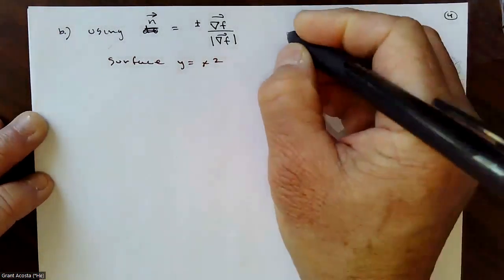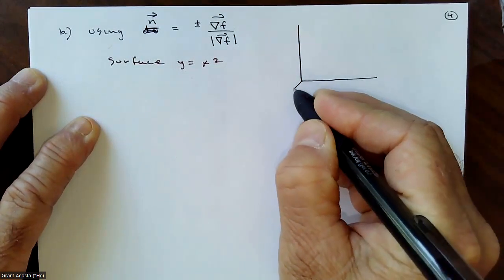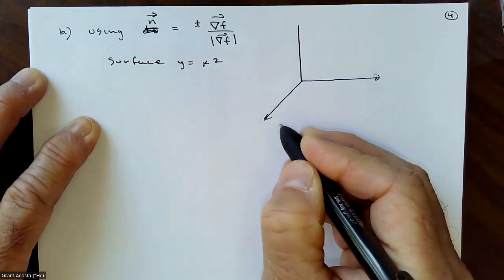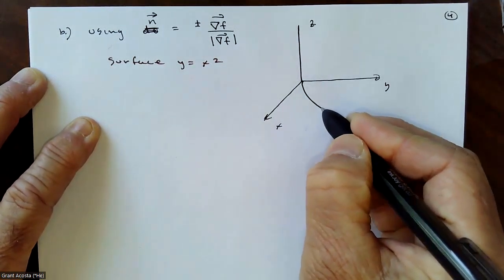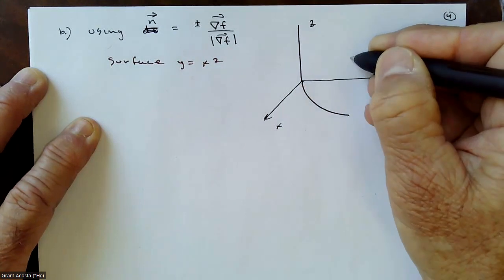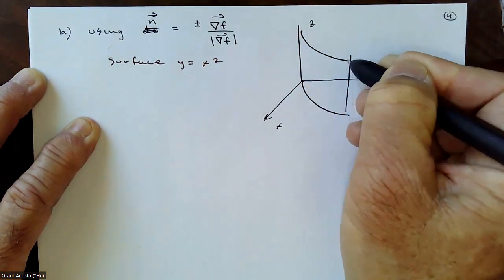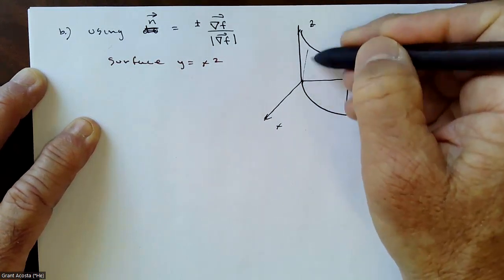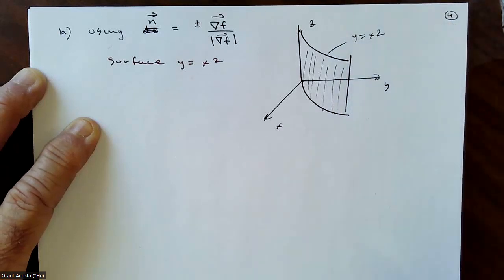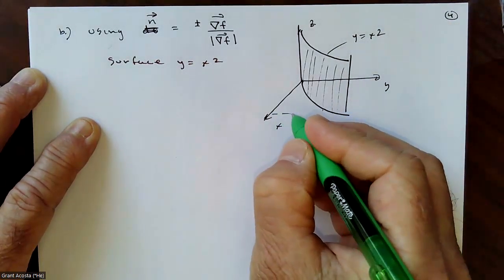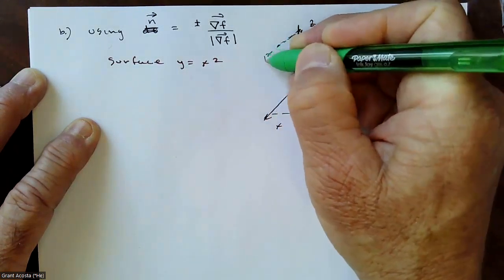Let me just get a really quick drawing of this. Our plane is going like this. This was our surface, y equals x squared. And we're projecting this onto the xz plane.